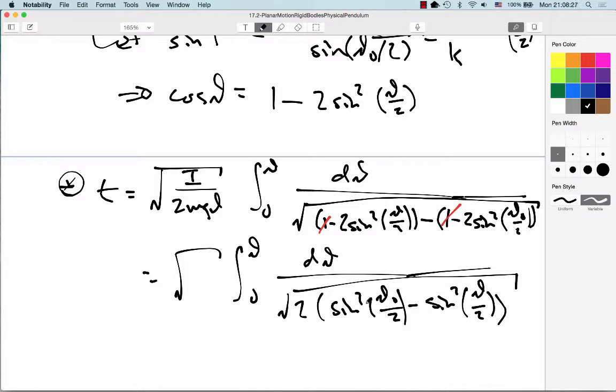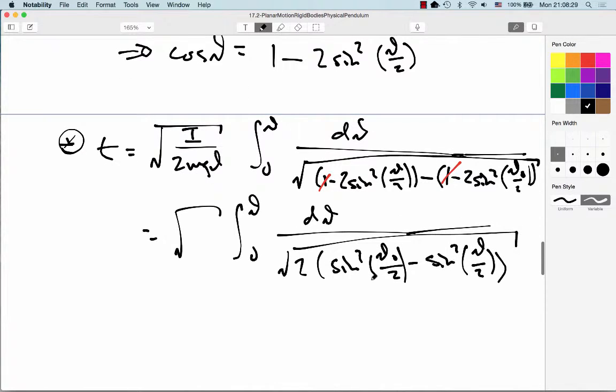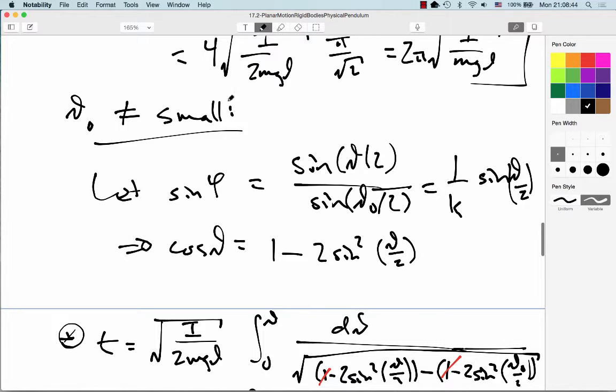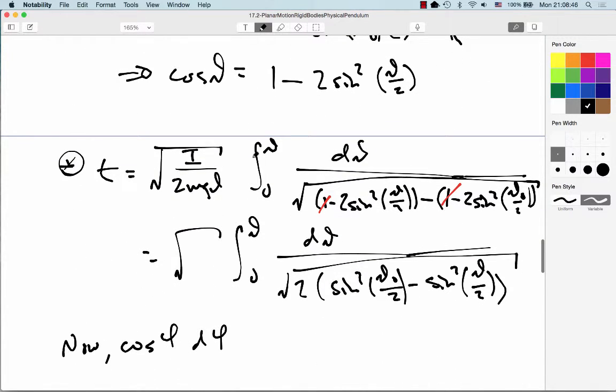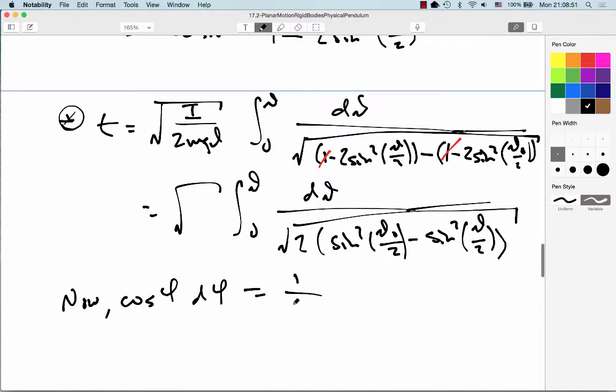So remembering the integral of the derivative of sine is cosine, if we differentiate our sine phi, we get cosine phi d phi, which is going to be equal to 1 over 2k times the cosine of theta over 2 d theta.